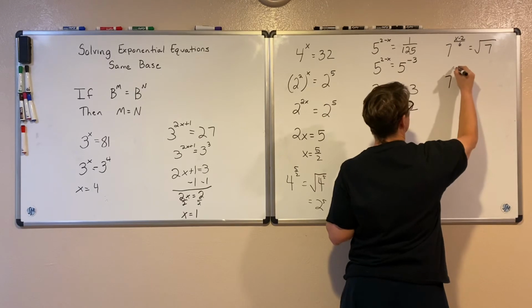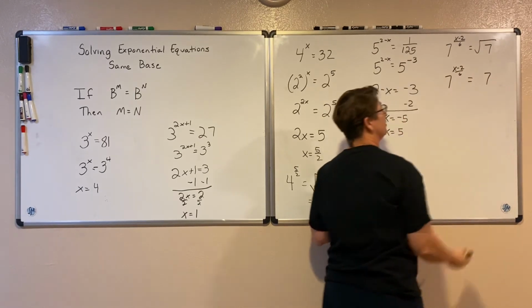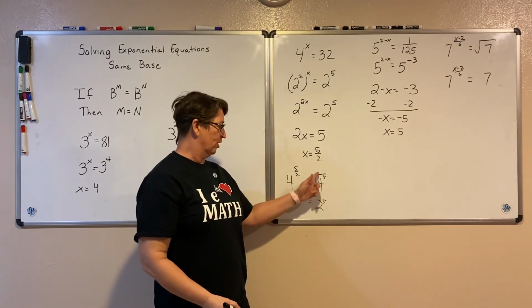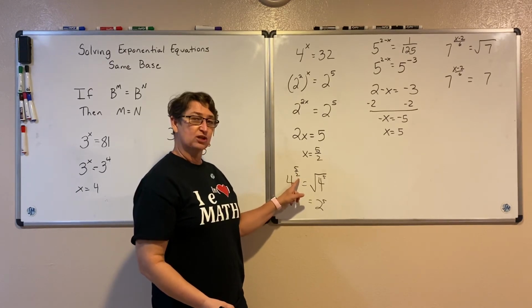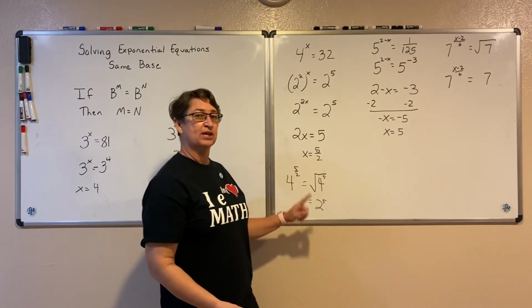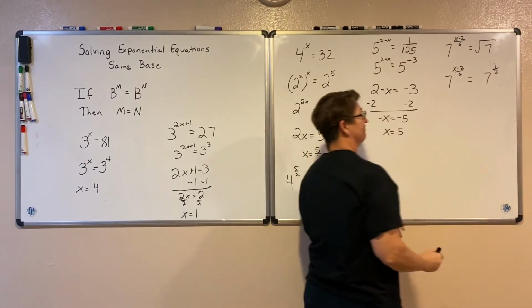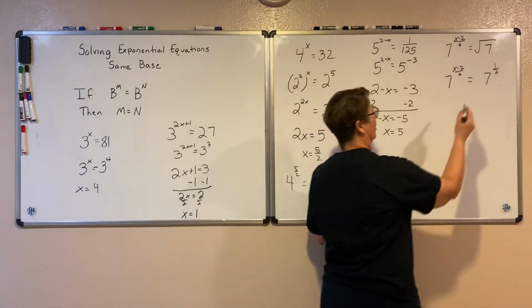So 7 raised to the x minus 2 over 6 is equal to 7. Remember that square root, like we said earlier, when I have a square root, the denominator of the fractional exponent is equal to that root. So in this case, it's 1/2. I'm raising it to the 1st power and taking the square root of it.